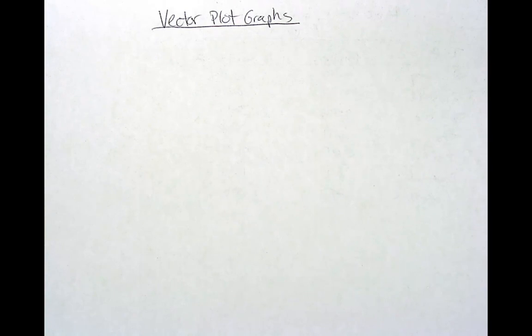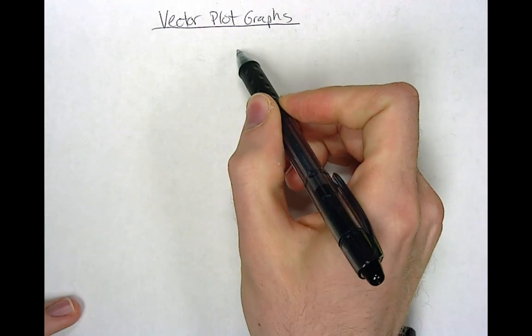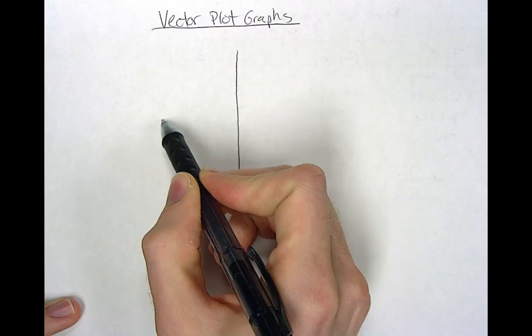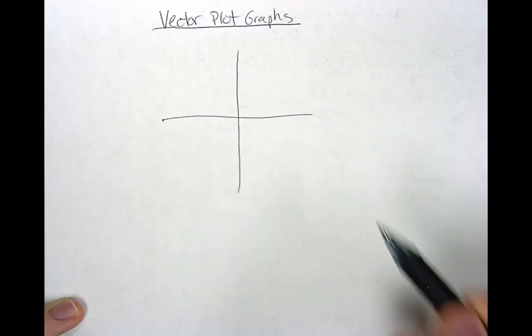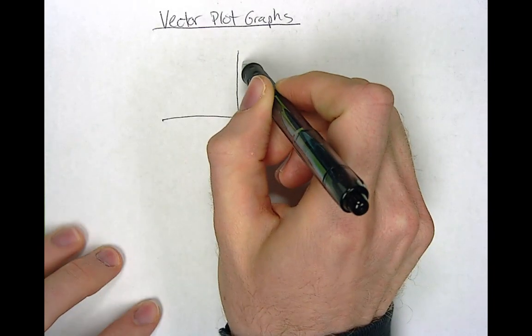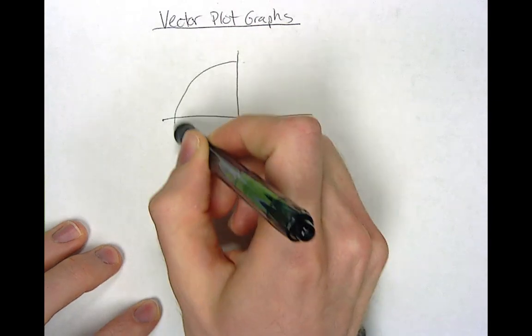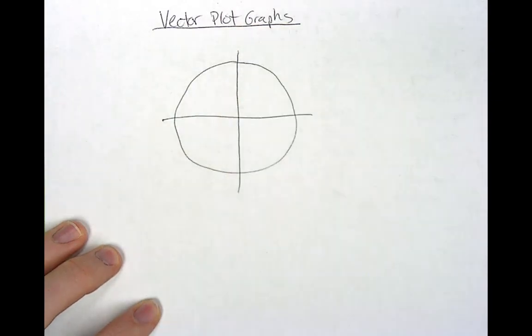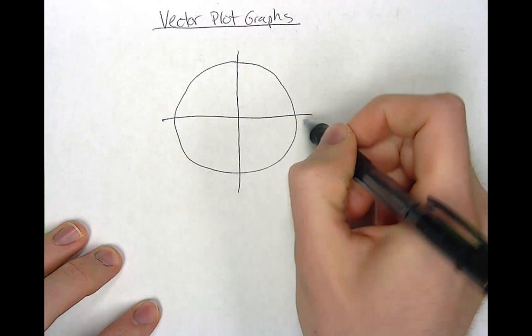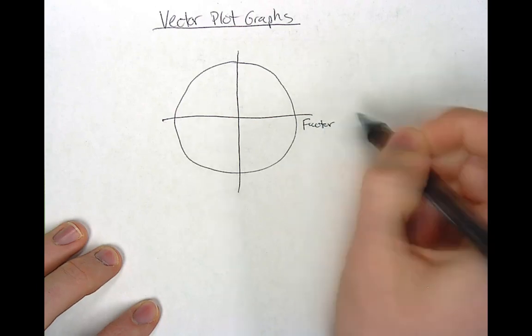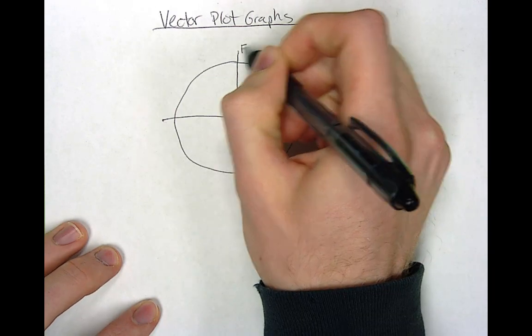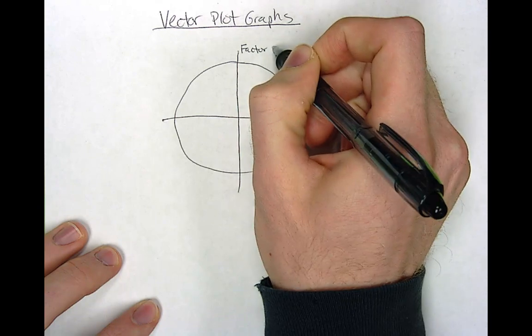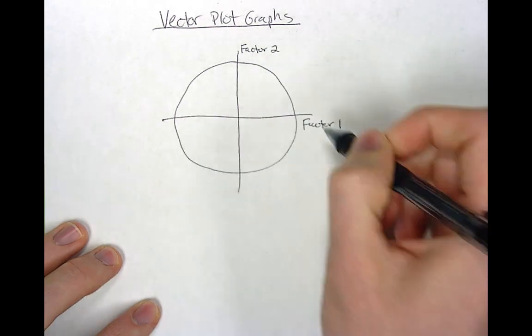We first create a circle for this factor pattern with a radius of 1. I'm not very good at drawing, but imagine we have a circle. Here is factor 1, and the y-axis is factor 2.